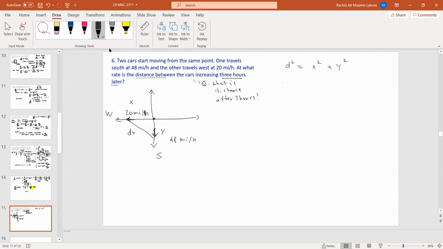So if we differentiate this one, instead of d, I'll use z, just to make it easier. So we differentiate, it's going to be 2z dz/dt = 2x dx/dt + 2y dy/dt. Divide all by 2, we lose the 2 there.